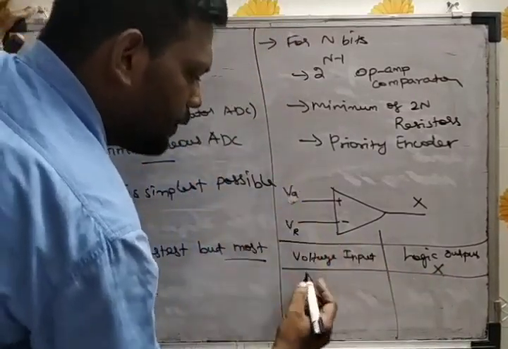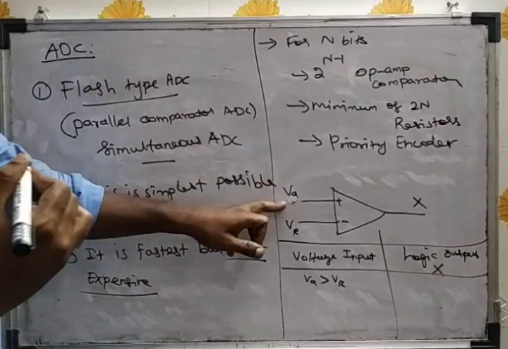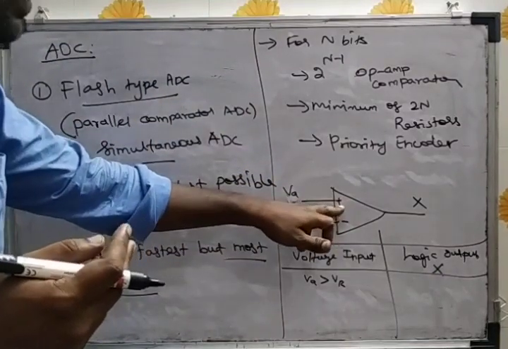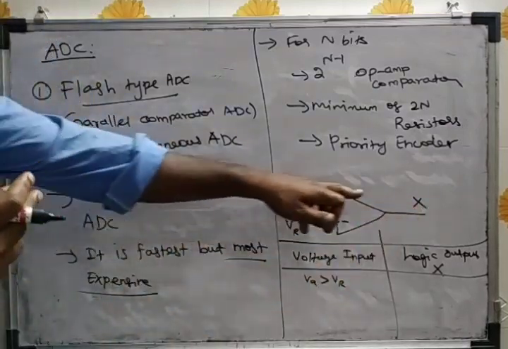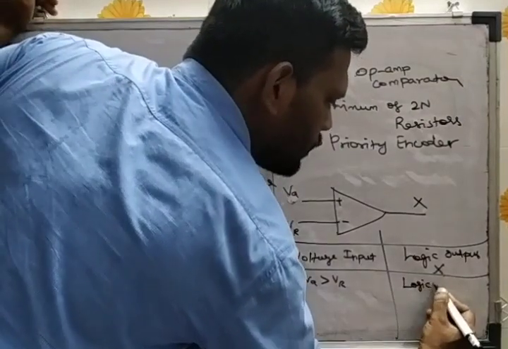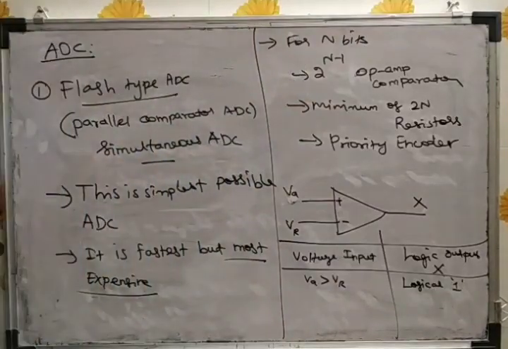We know that if VA is greater than VR, the plus input is high, so it goes to positive saturation. Positive saturation is denoted as logical 1.